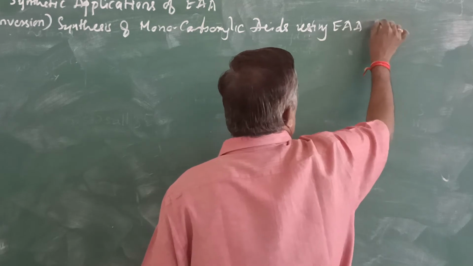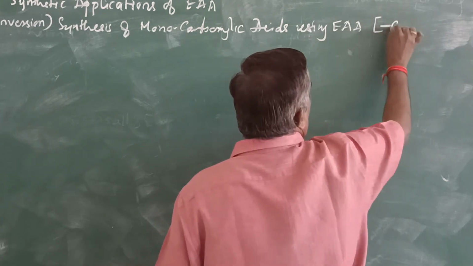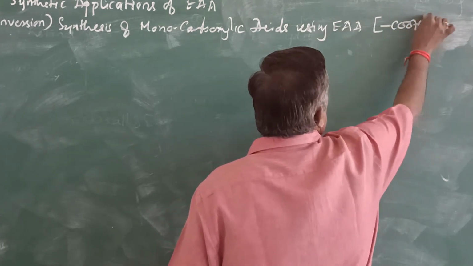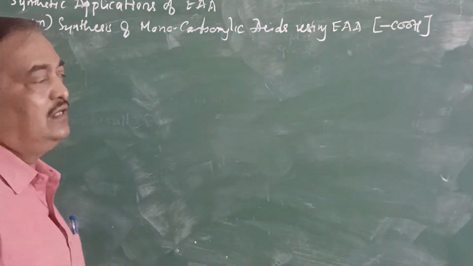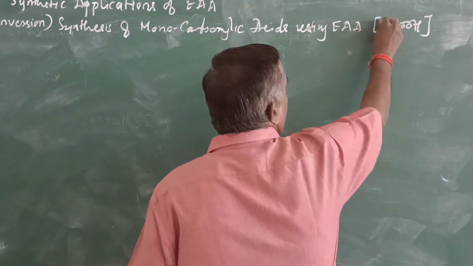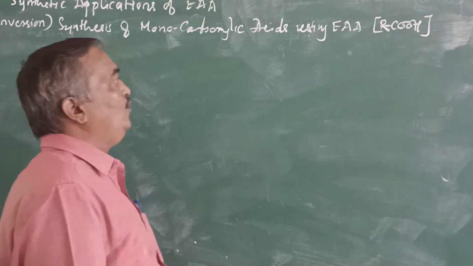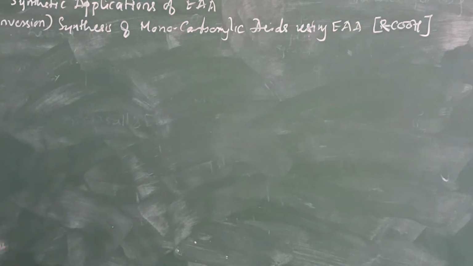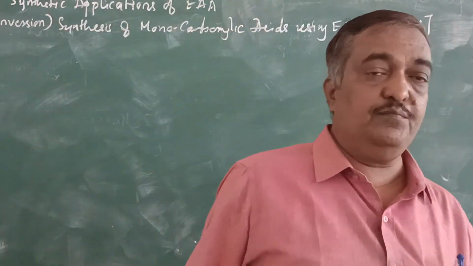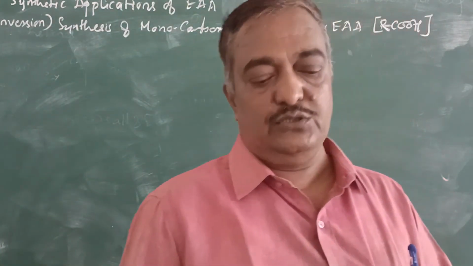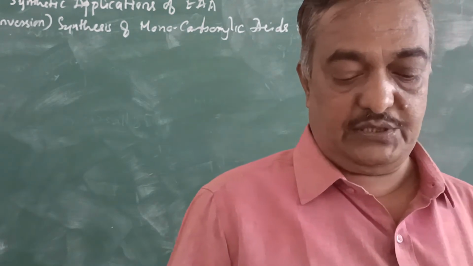So what is this monocarboxylic acid? This is RCOOH. The COOH group is the carboxylic acid. Sometimes a compound may contain two carboxylic acid groups, so they are called dicarboxylic acids.